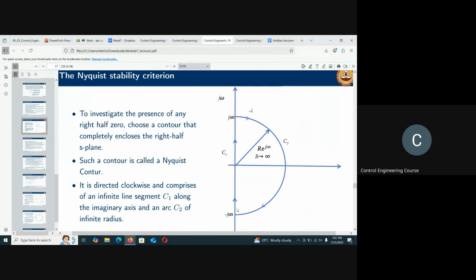The other part is the circular curve. As r tends to infinity, the straight line will enclose all of the imaginary axis, and the curvy part will go to infinity and become invisible, correct? Got it?